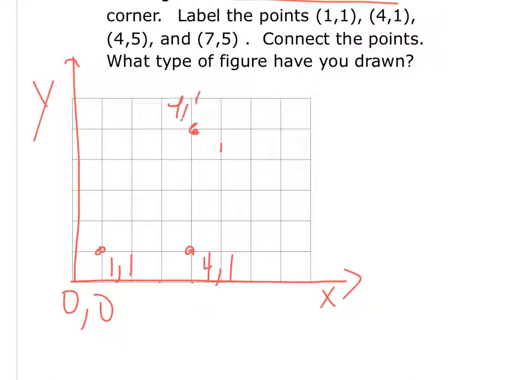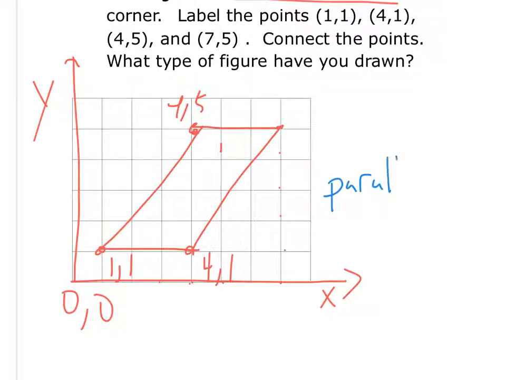So there's 4, 5, and 7, 5. So we go 4, 5, 6, 7. And we connect them. And we say, well, these two sides are parallel, these sides are parallel. So we have a parallelogram.